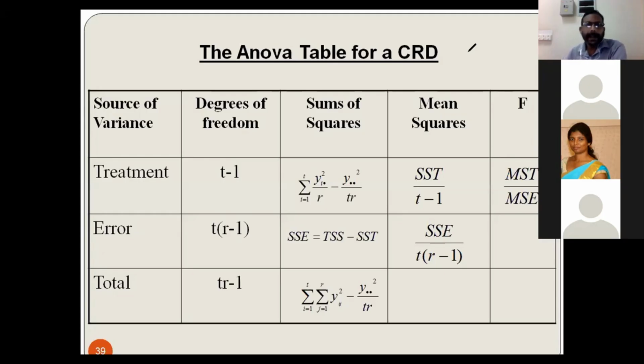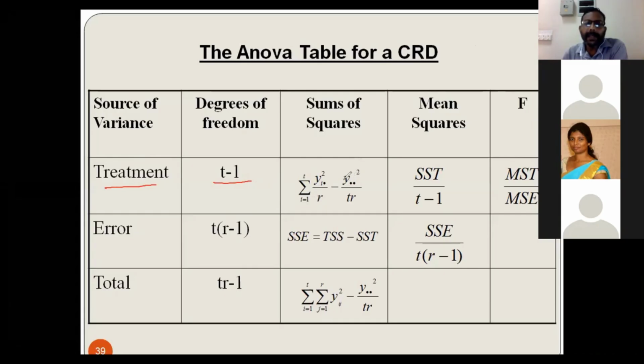Right. Now we have, you see, the first component is treatment, with T minus 1 degrees of freedom. Now you understand, right?